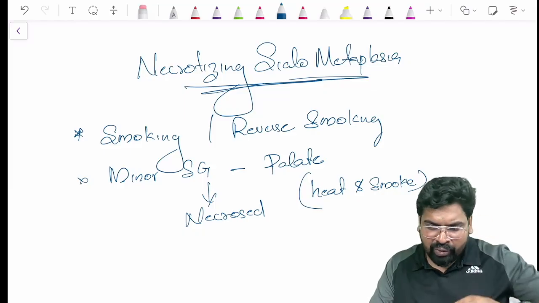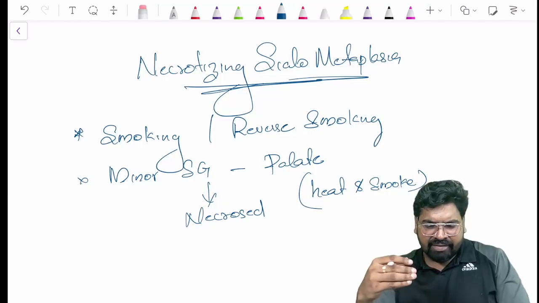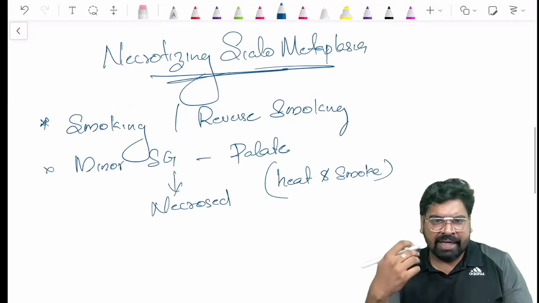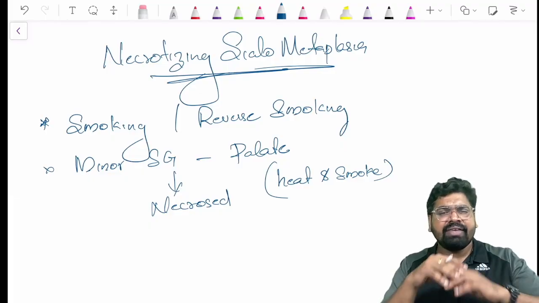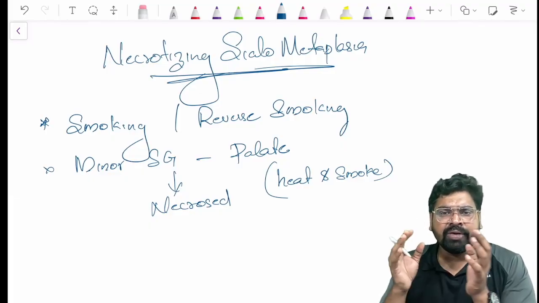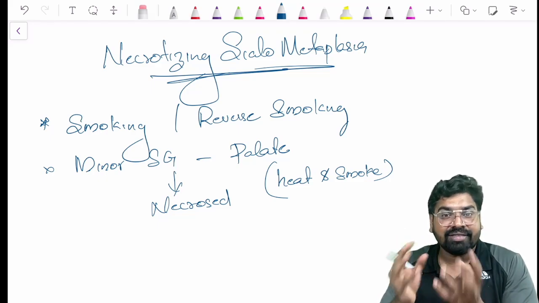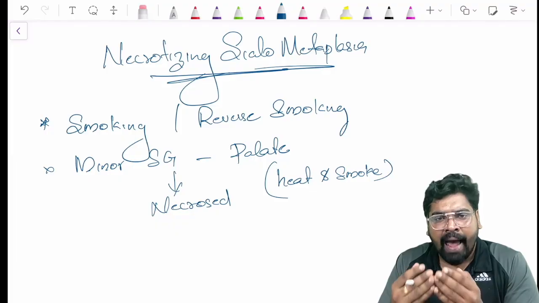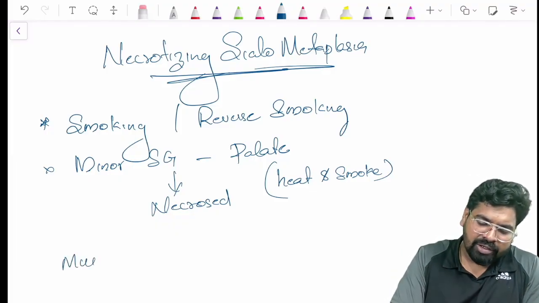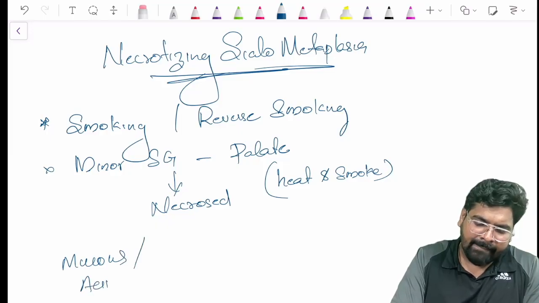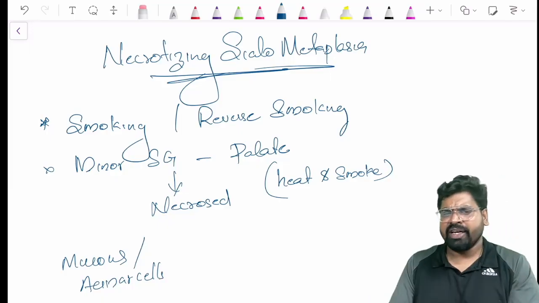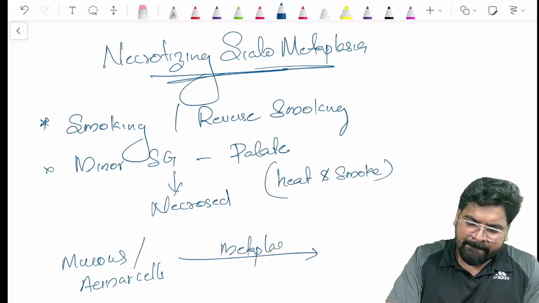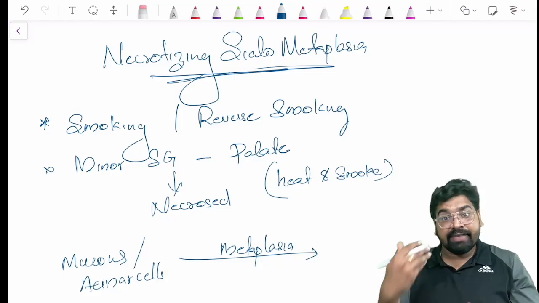To withstand this heat, what happens? The salivary gland will change its lining epithelium, its acinar structure. The minor salivary glands contain mucinous cells, serous cells, etc. The mucous or acinar cells cannot withstand much heat, so they undergo metaplasia to a cell which can withstand heat.